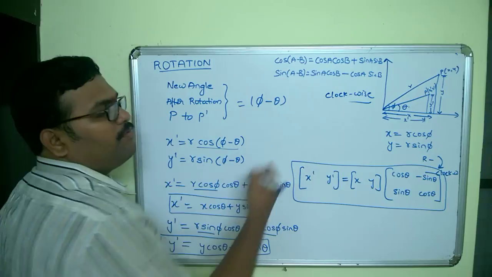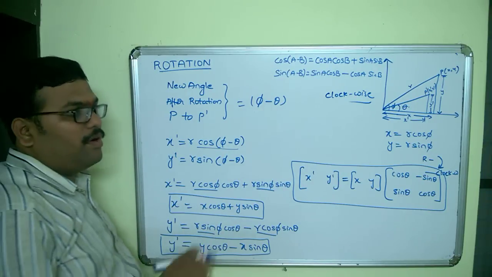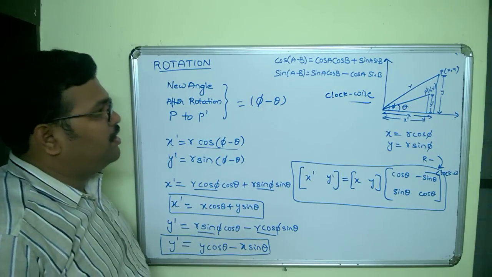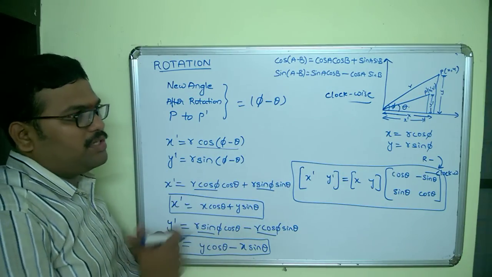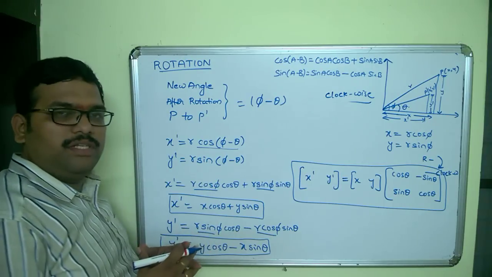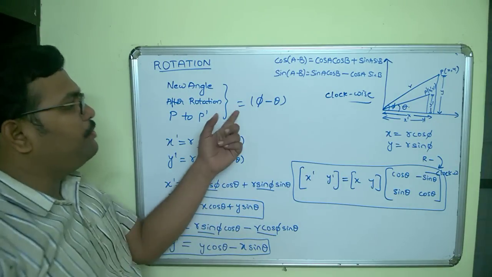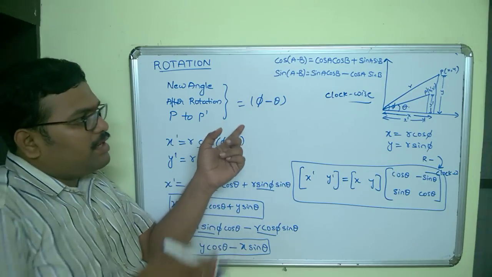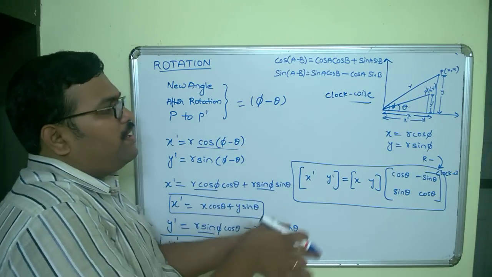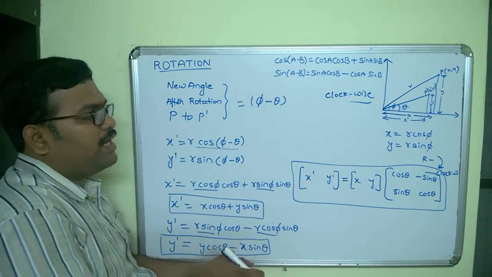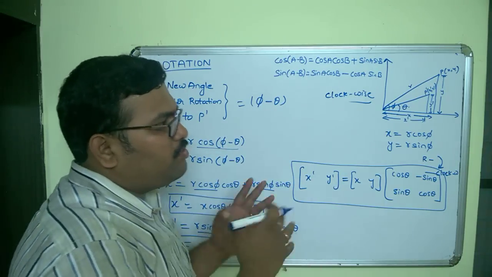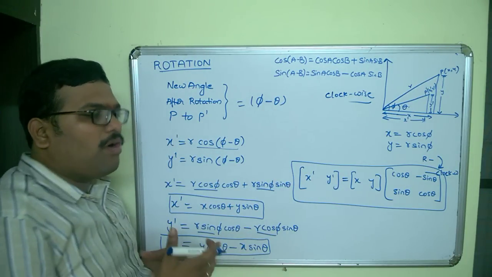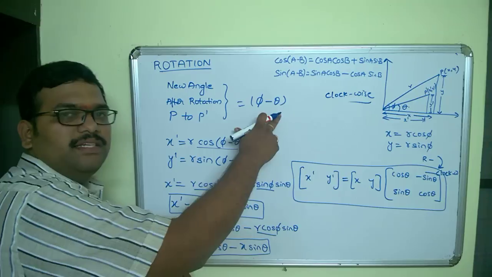Previously we found the formula for anti-clockwise. We follow a similar way for both processes, clockwise and anti-clockwise. The main difference is the new angle. If the point is rotated in the anti-clockwise direction, the new angle will be phi plus theta, and if it is rotated in the clockwise direction, the new angle will be phi minus theta.